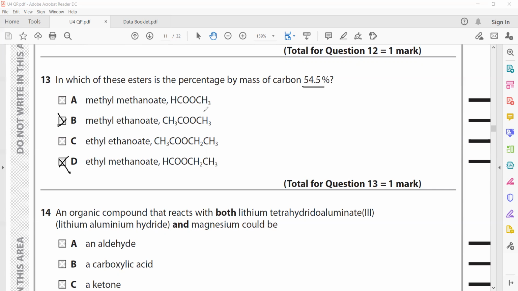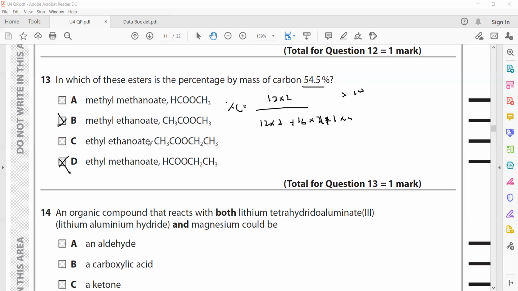So for methyl methanoate, mass of carbon, which is 12 multiplied by 2, divided by 12 into 2 plus oxygen 16 multiplied by 2 plus hydrogen 1 multiplied by 4. That will be the percentage of carbon in this compound, multiplied by 100, because you're finding a percentage.